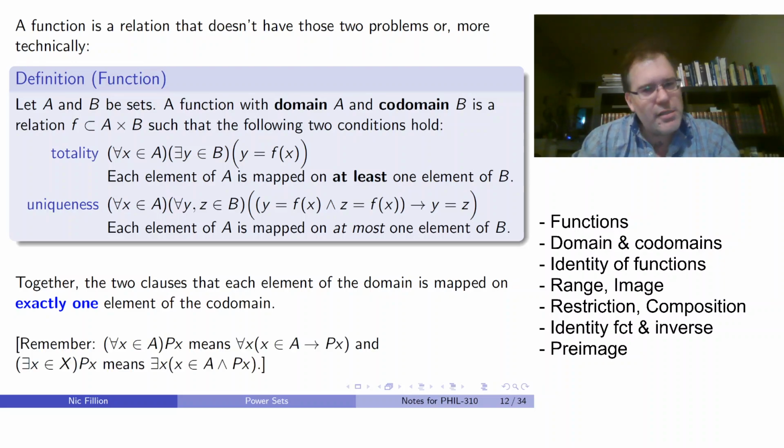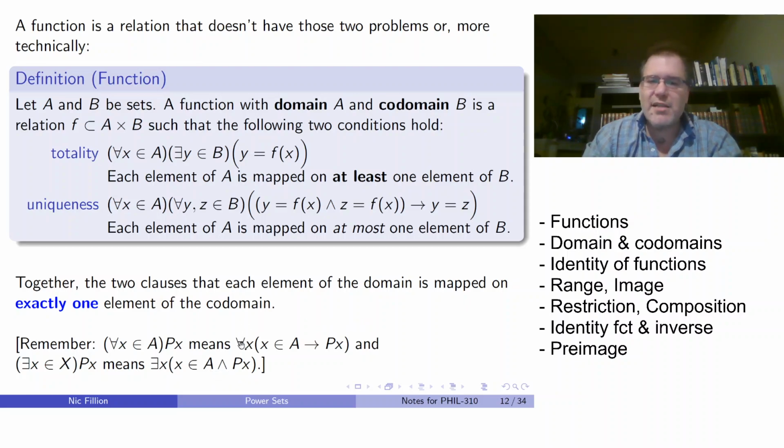Now, just in case you have forgotten, when we write something like that, that's called a restricted quantifier. If we write for all x in A, x has the property P, that means for all x, if x is in A, then x has property P. And similarly, if we say there exists an x in A such that Px, that means there exists an x such that x is in A and Px.